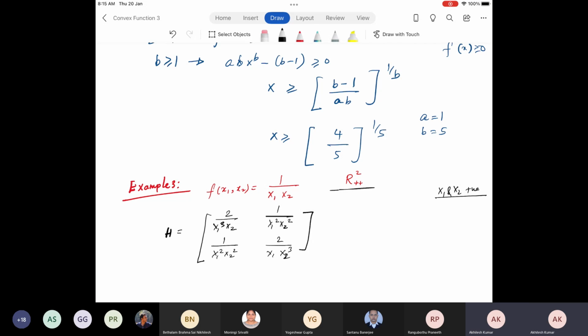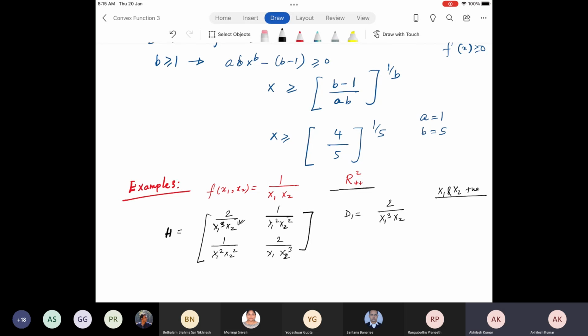Now we need to check whether it is positive definite, positive semi-definite or what. So let's look at each one of them. So D1, which is 2 by x1 cube x2. Is it positive or negative? Positive.